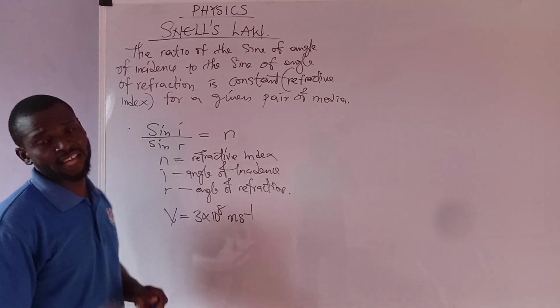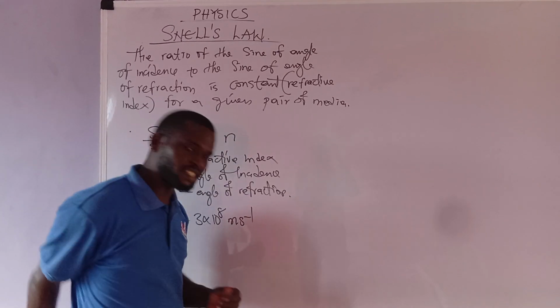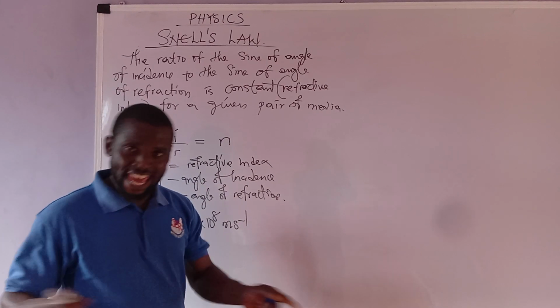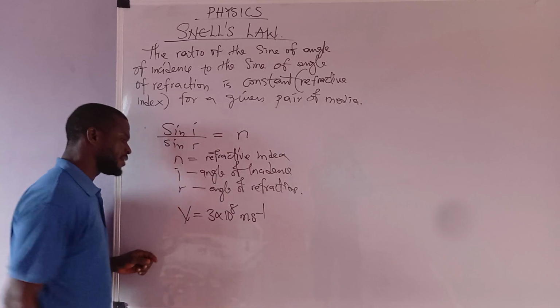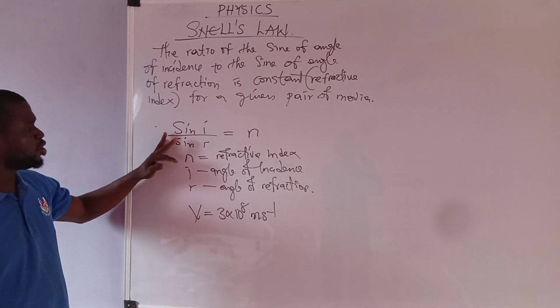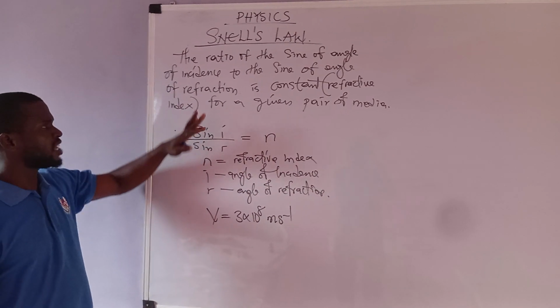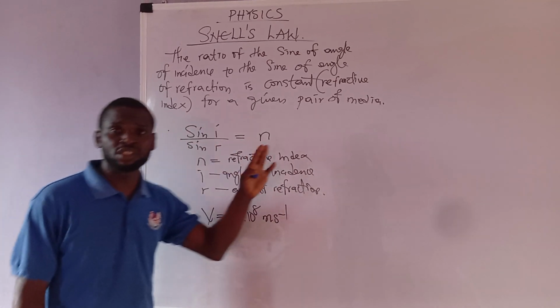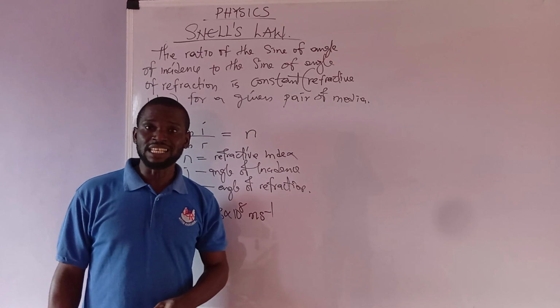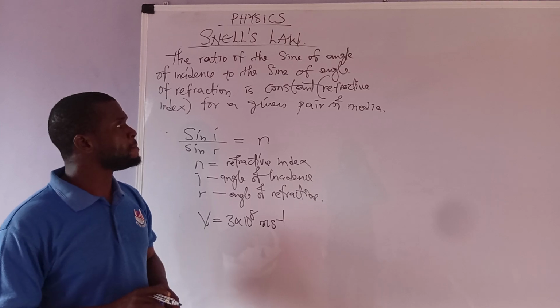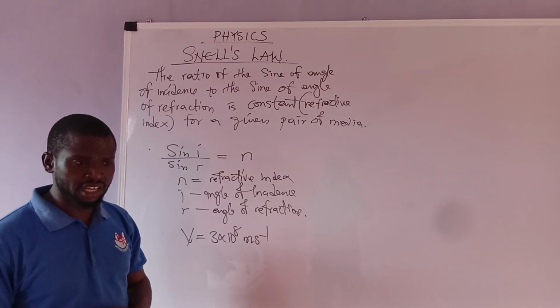And this velocity of light is due to the density of what? Air. So the ratio of the sine of angle of incidence to the sine of angle of refraction is the refractive index for a given pair of media.